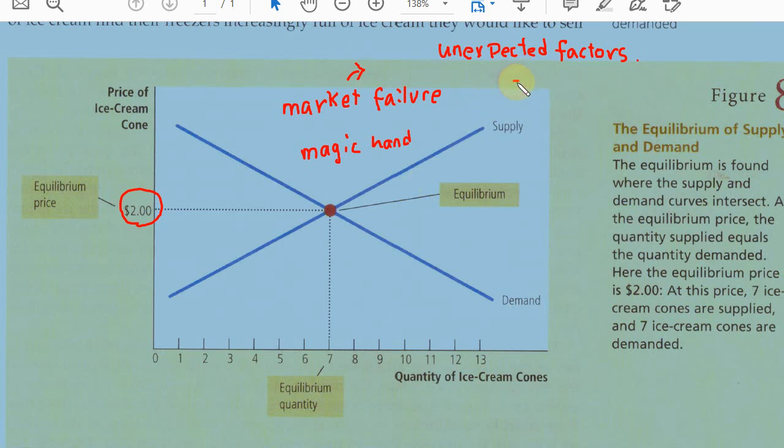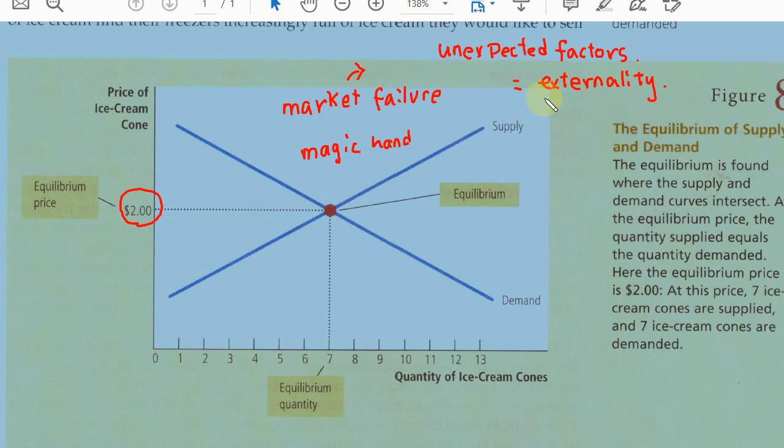We call this externality. The externality is the factor which disturbs the magic hand in the market.